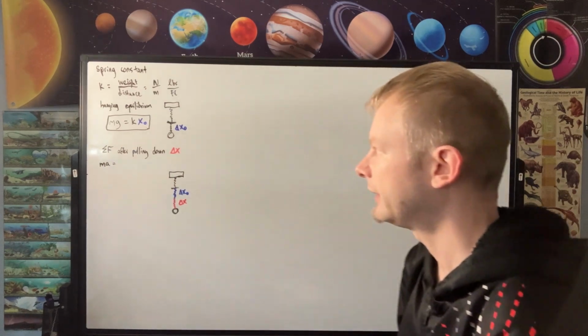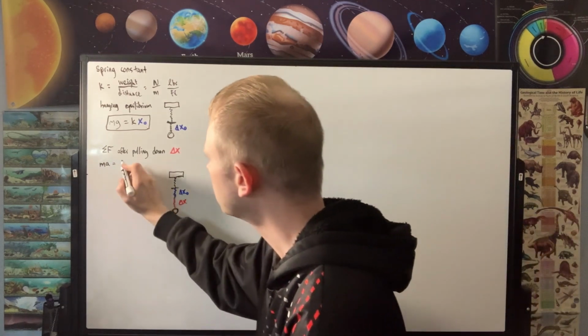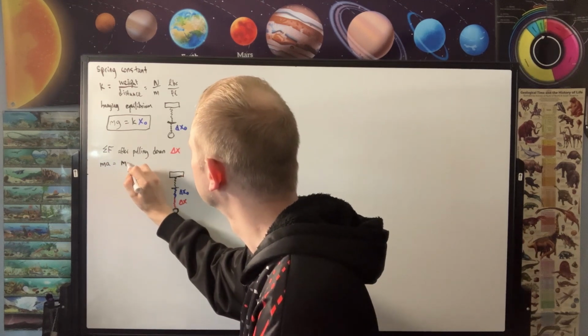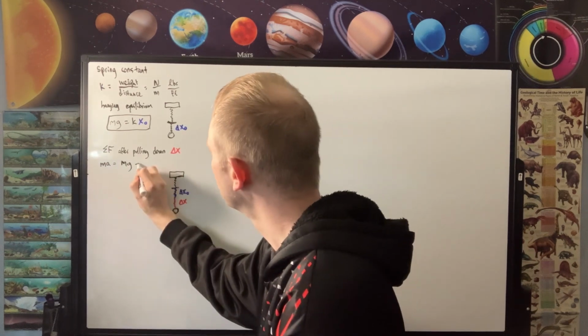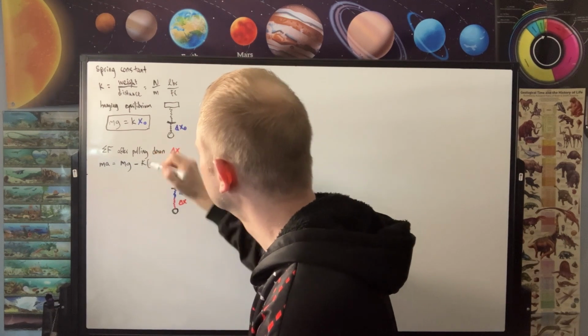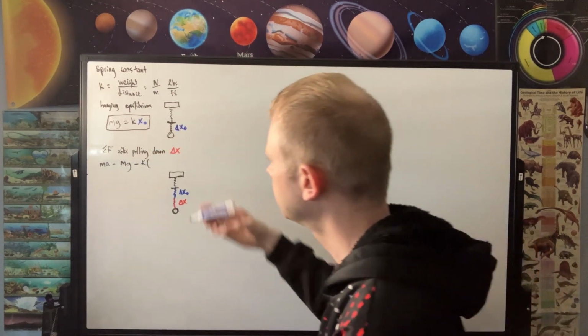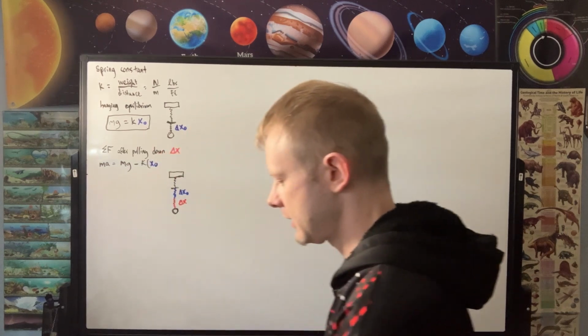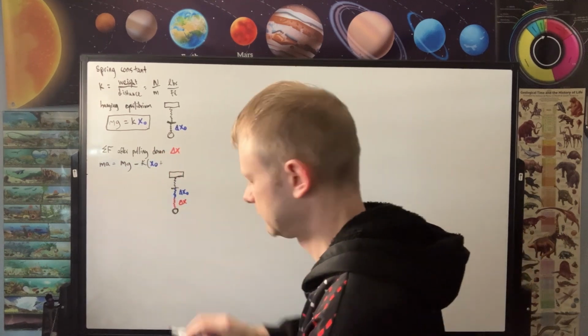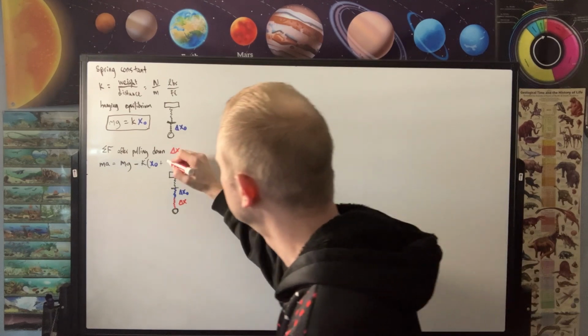So let's see what the net force is going to be. We're going to start with our mg, right? And then we're going to subtract k. But now we've got a bigger shift here, so we're going to add x naught, and then we're also going to add in the regular x that we have here.